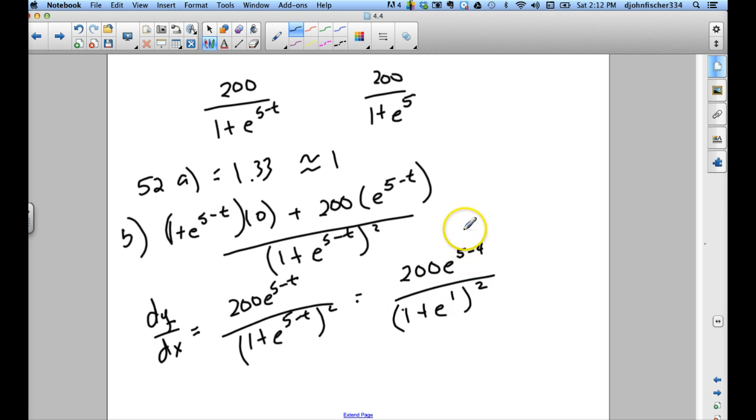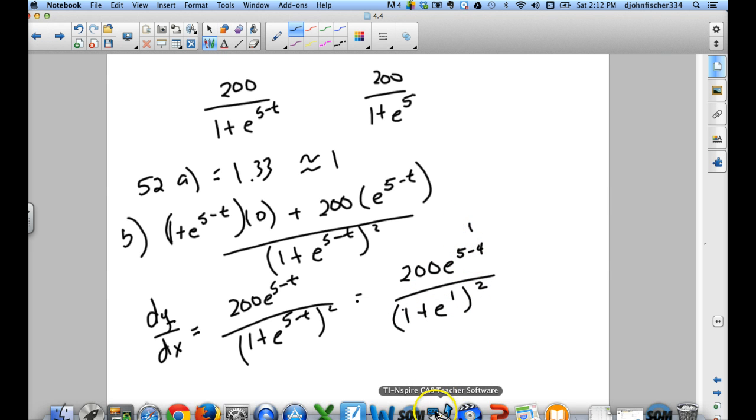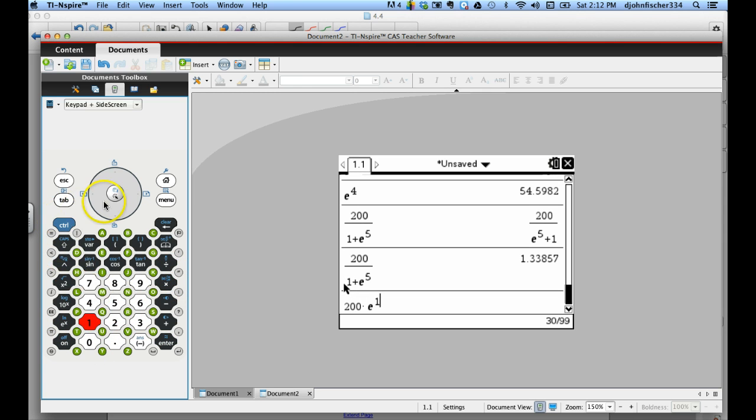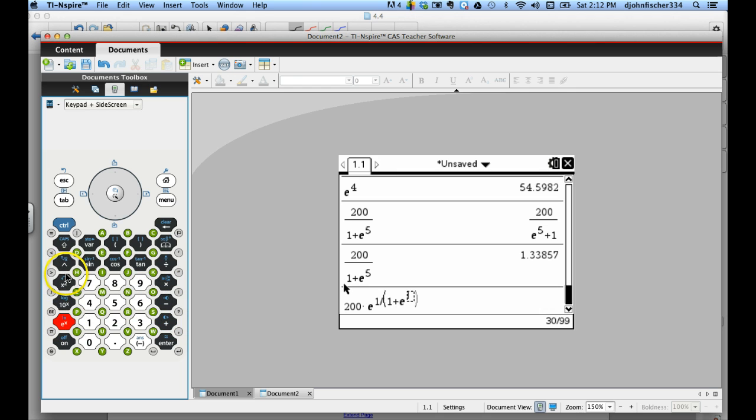And this is 1 up here too. So if I remember the formula right, we're going to have 200 times e to the first divided by 1 plus e to the first.